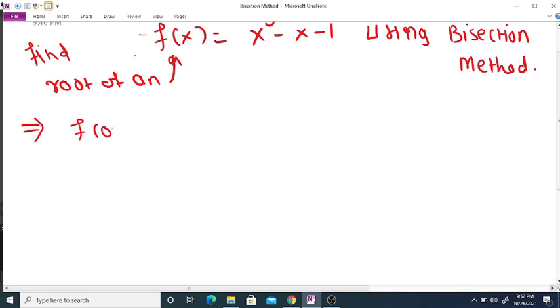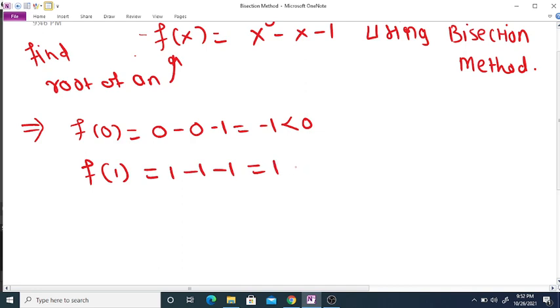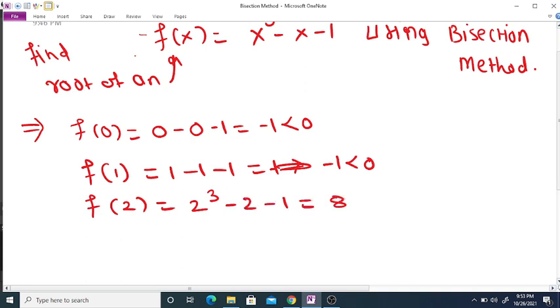For that, if we put x is equal to 0, then it is 0 minus 1, which is equal to minus 1, less than 0. Next, if we put 1, that is 1 minus 1 minus 1, which is again minus 1, so less than 0. Again if we put 2, that is 2 cube minus 2 minus 1, is equal to 8 minus 2 minus 1, so it is 5, greater than 0.